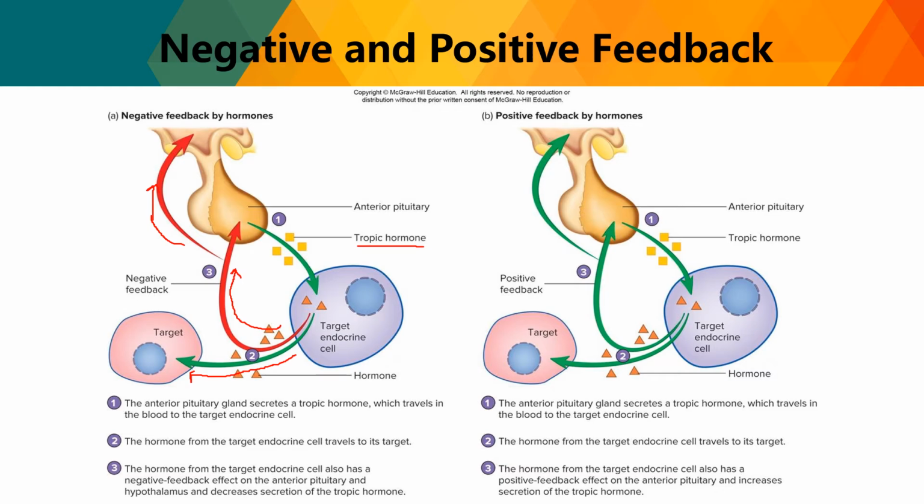So, ibig sabihin, pag sa anterior pituitary, ang nirelease niyang hormone ay stimulatory or magandang effect sa ating target endocrine cell, yung cell na yon magpuproduce siya ulit ng sarili niyang hormone, and then yung hormones na yon, parehas silang stimulatory going to your anterior pituitary and of course going to the other target cells that can be found in your body. Okay? So that's how you differentiate your negative and your positive feedback.